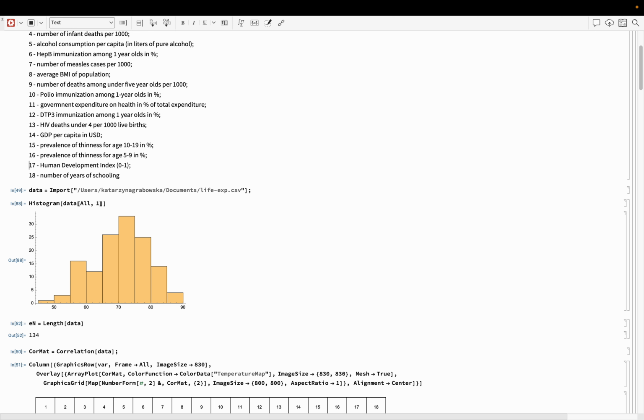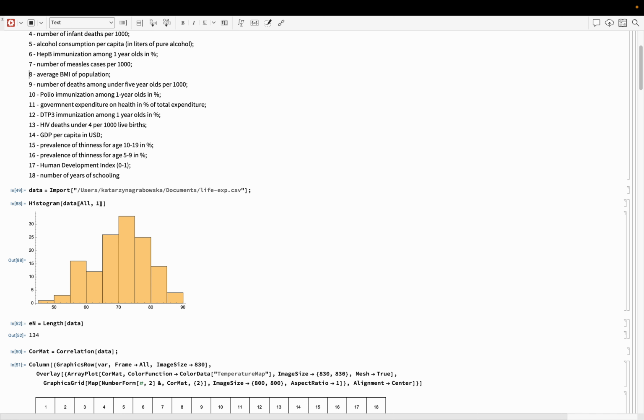Then variable 17, it is human development index. I don't really know precisely how it is constructed. It takes value from 0 to 1, but as we will see later, it is highly correlated with variable number 18, which says how many years of schooling, on average, a person receives in each country.